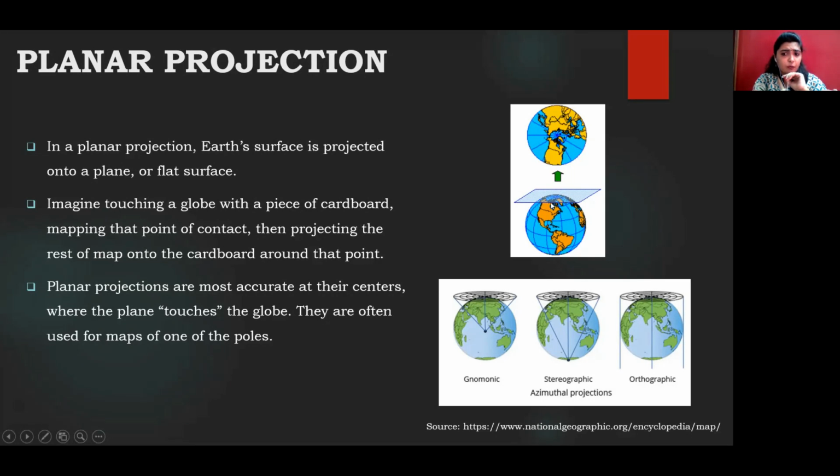Whatever area is exactly touching the cardboard will be properly represented. So planar projections are most accurate at the center where the plane touches the globe. They are often used for maps of areas located at the poles.